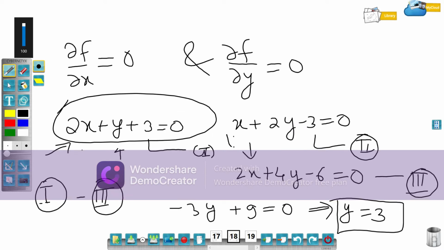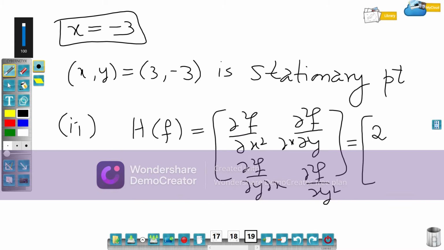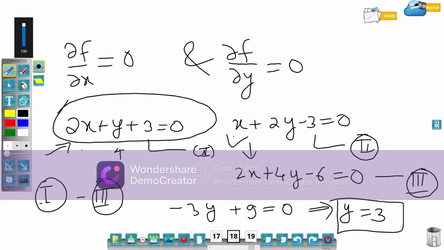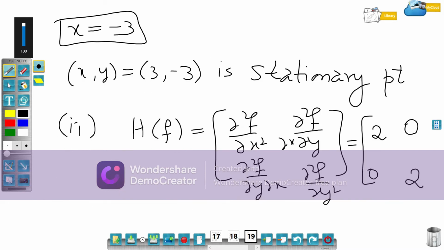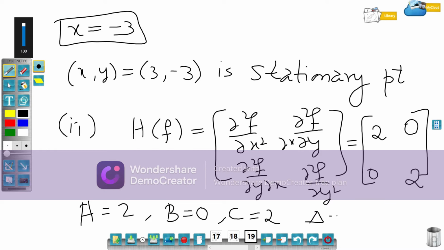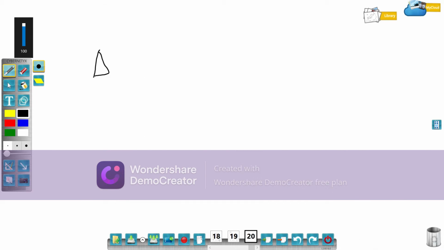And if I differentiate this with respect to y, again I will have 2. And the mixed derivative will go to 0 only. So my a is 2, b is 0, c is 2. So delta, which is ac minus b square, is equal to 4. You can see that delta is greater than 0. Also a is greater than 0.